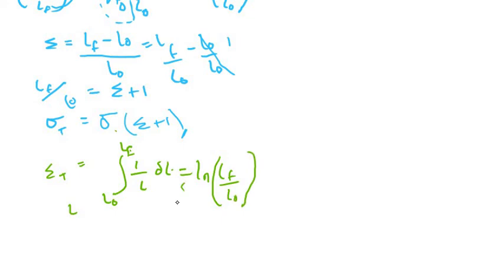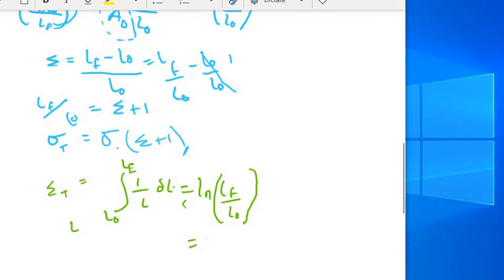We can simply adopt the simplification of our LF over L0, which is engineering strain plus 1, such that our true strain will be equal to ln of engineering strain plus 1.